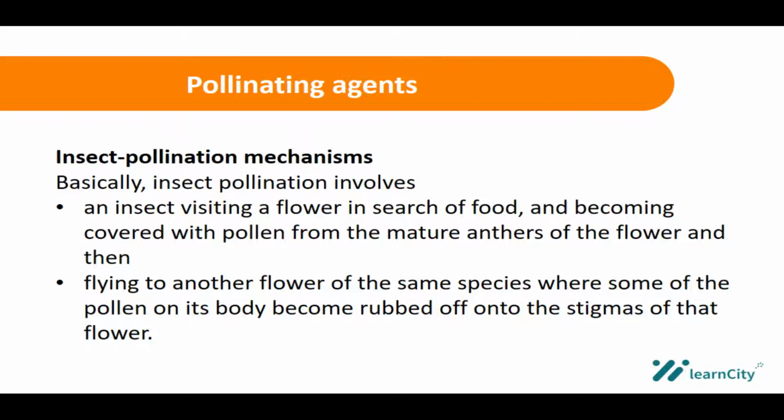Then it flies to another flower of the same species. It could be another flower on the same plant, or another flower on another plant. Some of the pollen on the body of the insect becomes rubbed off onto the stigmas of that flower, and in that way, pollination has occurred.